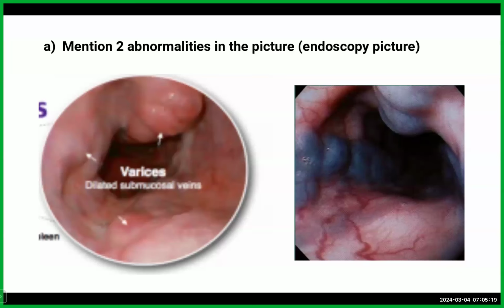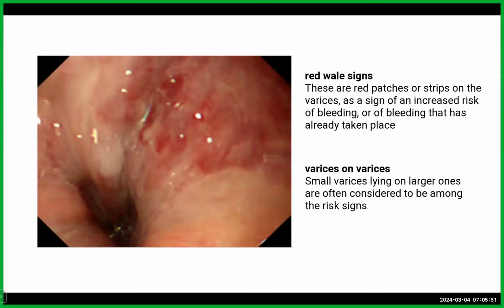So here I am showing endoscopic varices, dilated submucosal veins. But there are some signs that are normally seen on varices.